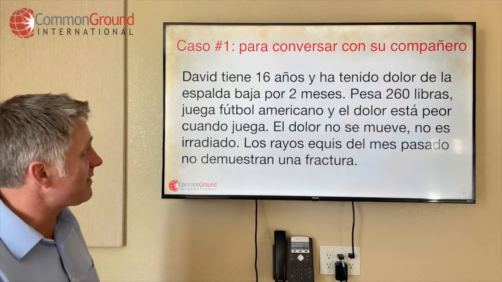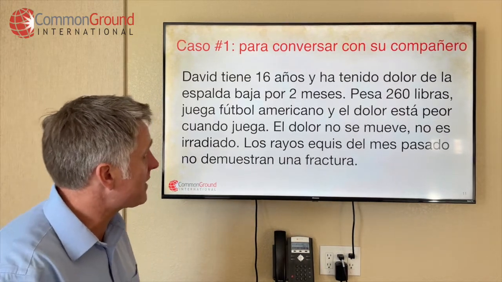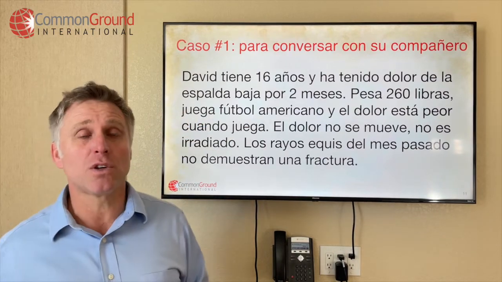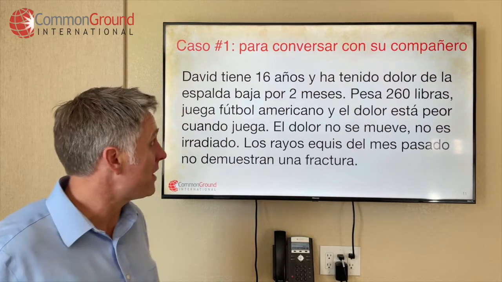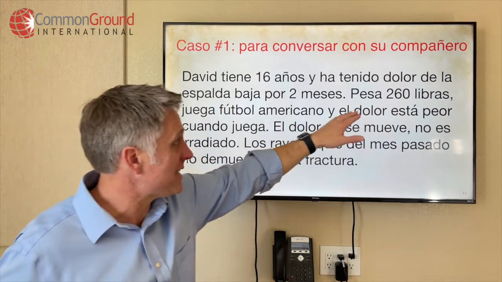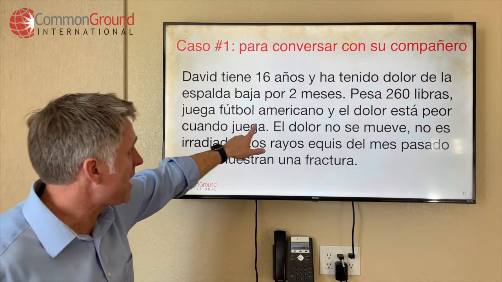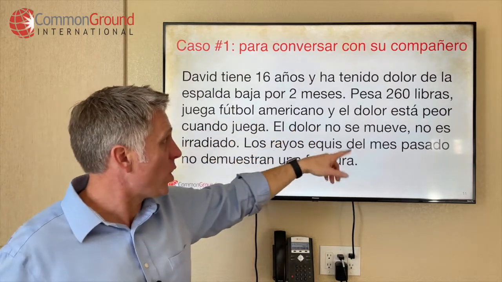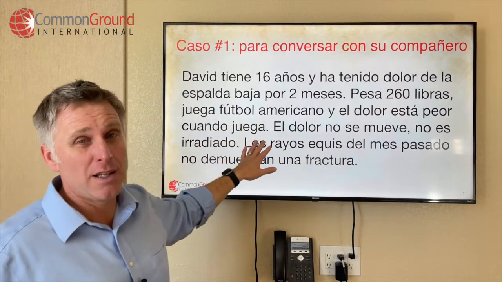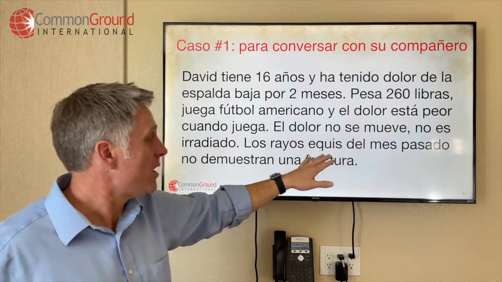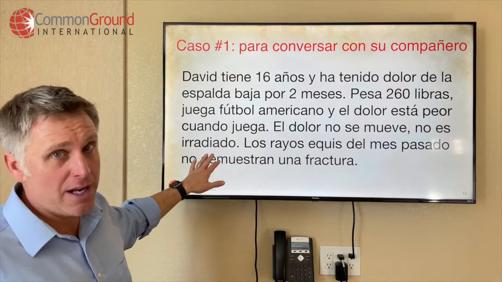David tiene 16 años y ha tenido dolor de espalda baja por 2 meses. So he's 16 years old. He's had lower back pain for a couple of months. Pesa 260 libras, so he weighs 260 pounds. Juega fútbol americano, plays football, y el dolor está peor cuando juega, and the pain is worse when he plays. El dolor no se mueve, doesn't move, no es irradiado, it's not radiating pain.